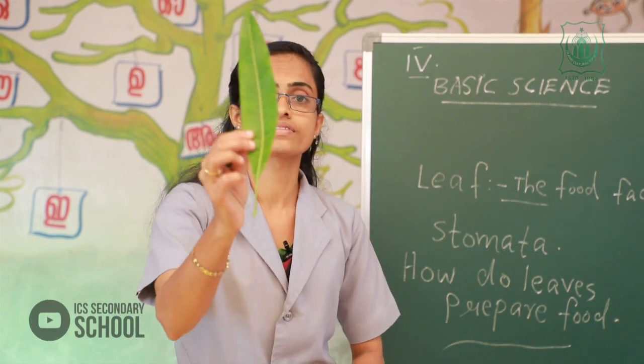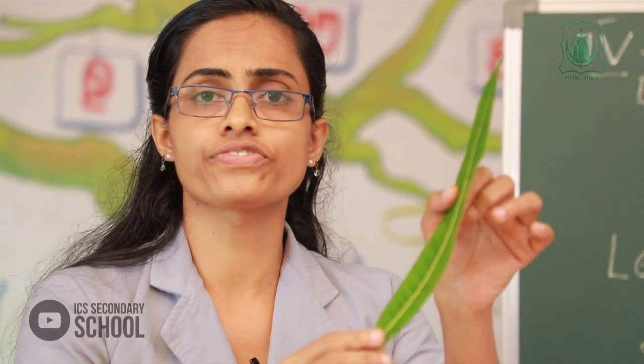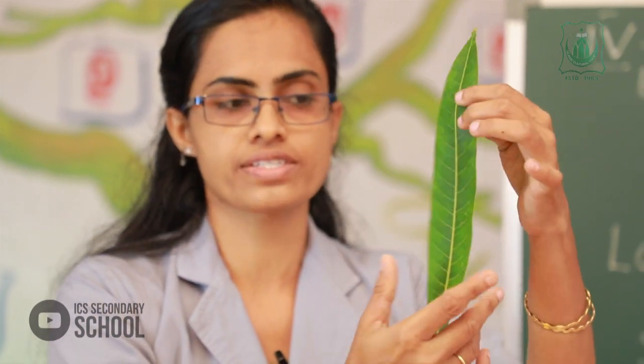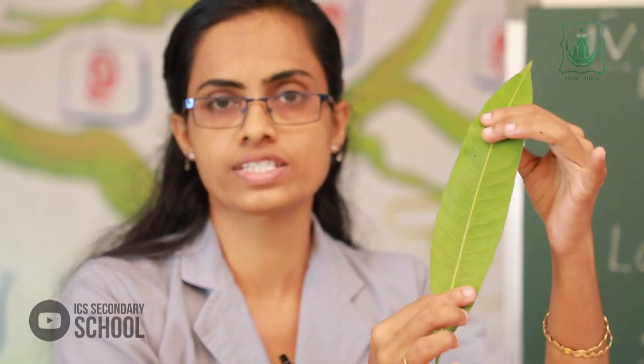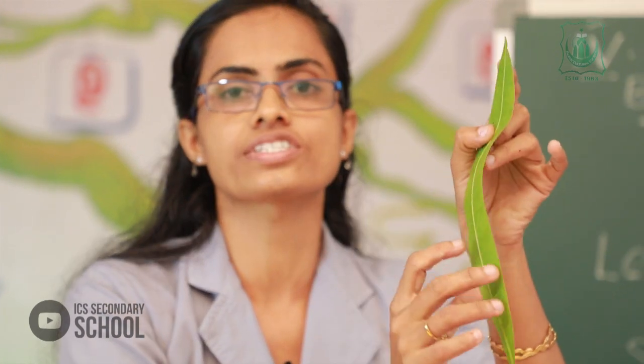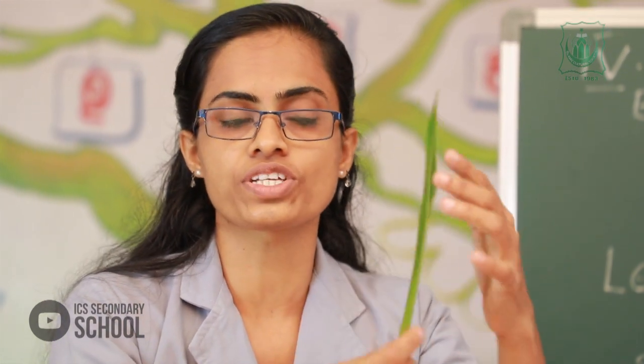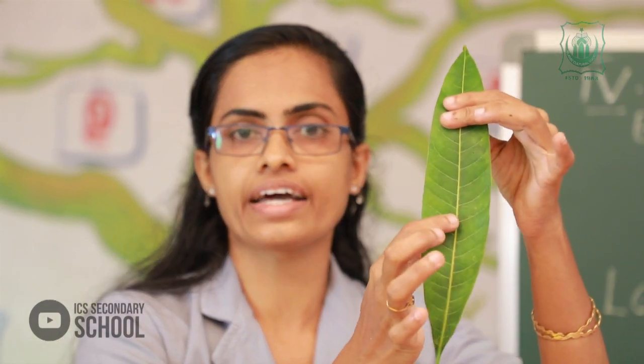Okay, already studied. Now, what is this? The leaves of a mango tree. There are two surfaces, this one the upper surface and this one the lower surface. What is the difference between the upper surface and the lower surface? Tell me.